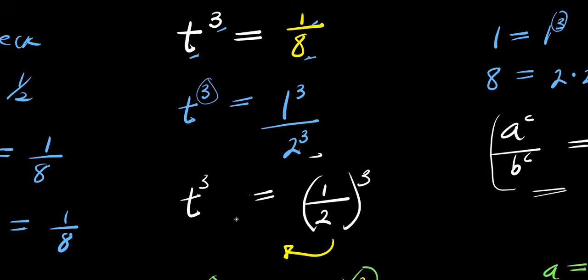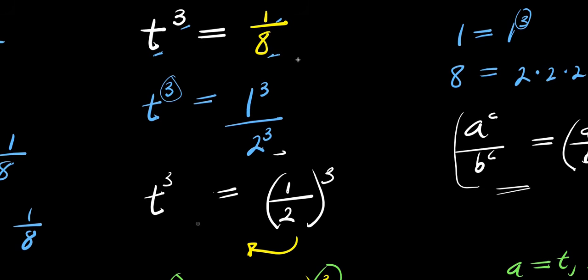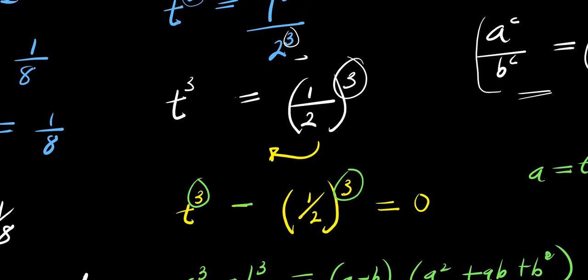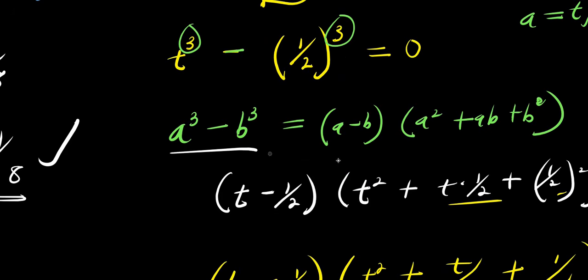Now, a quick recap of this. The most important step is expressing this one here as 1 to the power of 3, which is the same thing, and expressing 8 as the power 3. Now the exponents are the same. We combine them and share the common exponent. Move it over here. Expand using this cubic identity. Our a is t, b is 1 over 2.